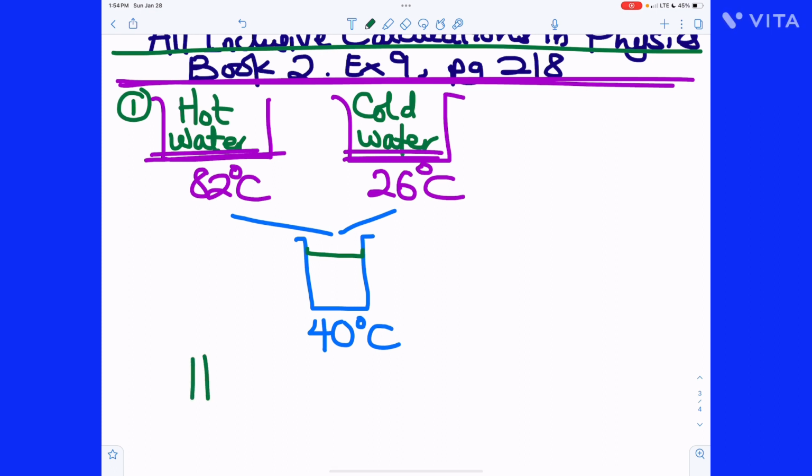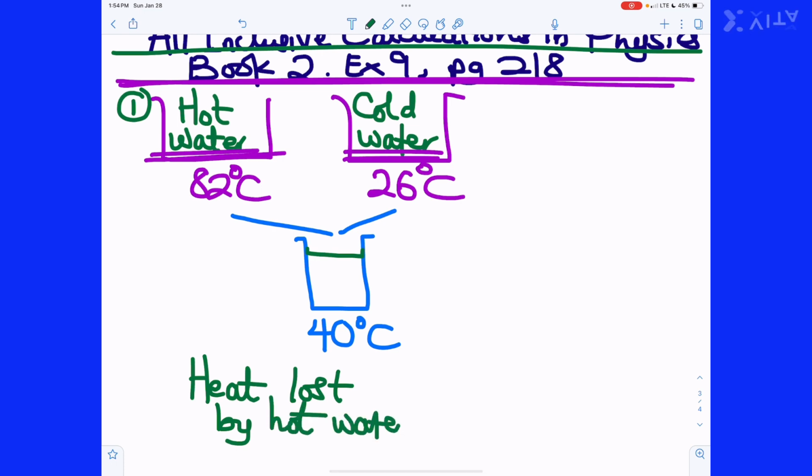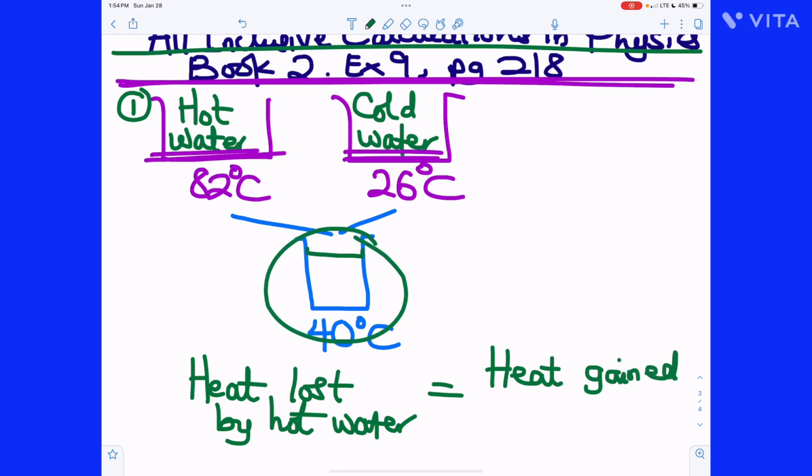hot water loses some heat, called heat lost by hot water. Now, the cold water at 26 gains some heat, called heat gained by cold water, to come to 40 degrees Celsius final temperature.